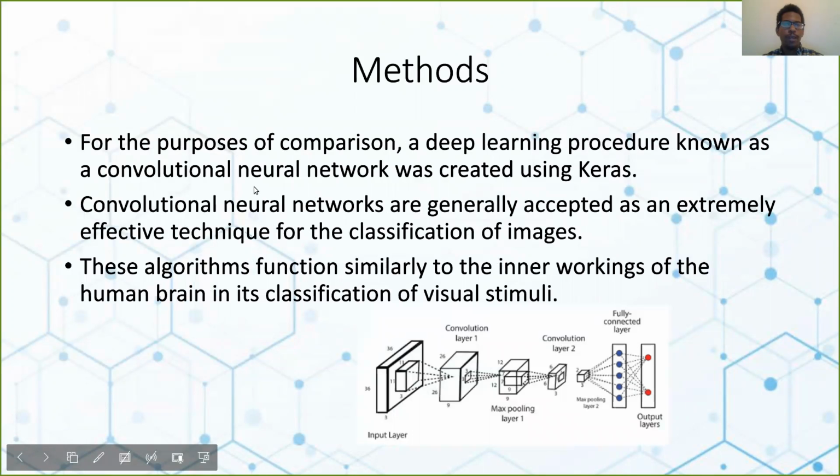For the purposes of comparison of this model to a deep learning model, a convolutional neural network was created using the same Keras API. CNNs are generally accepted as extremely effective for classifications of images, as these algorithms utilize special procedures for the purposes of reading data similar to how the human brain classifies visual stimuli.